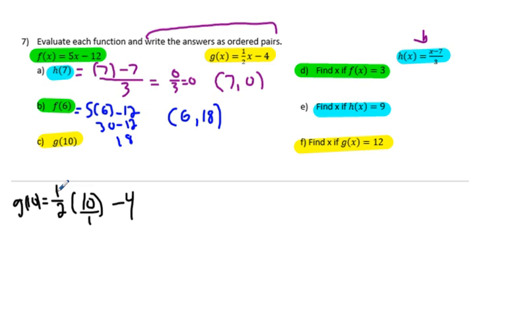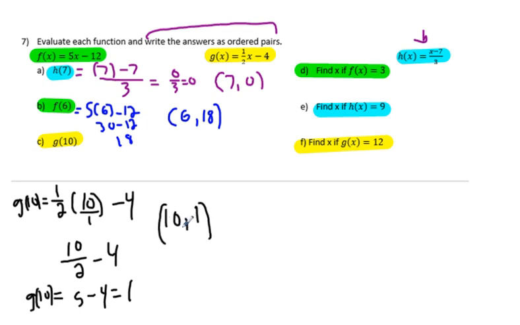When I do so, you multiply numerator by numerator, 1 times 10, which is 10, and denominator times denominator, which is 2. Then I'm going to divide this fraction first. 10 divided by 2 is 5, so this turns into 5 minus 4, which is equal to 1. So g of 10 is equal to 1. The ordered pair would be 10, 1. So when x is 10, g of 10 is 1.